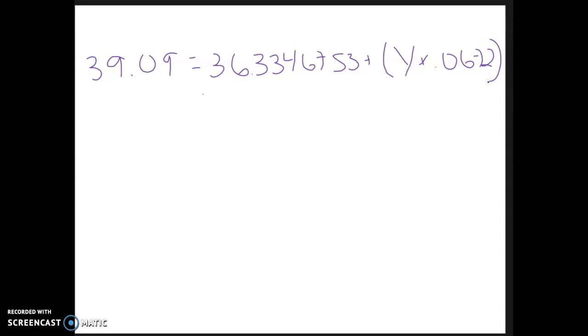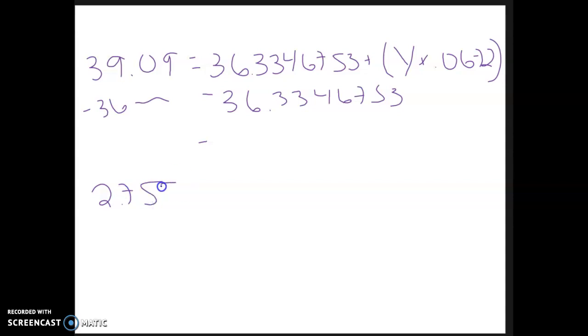To do that, I'm going to have to subtract this 36 number from both sides. Again, this is just Algebra 1. So subtract that big old 36 number from both sides, and we get 2.755324777 equals Y times 0.0672.